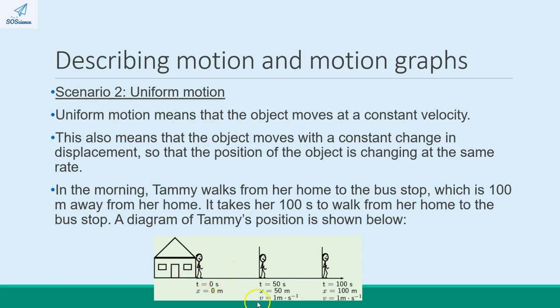So essentially what that means is that she's traveling at 1 meter per second, which means that after 1 second, she's covered 1 meter. After 2 seconds, she's covered 2 meters. After 3 seconds, she's covered 3 meters, etc. So you can see what it means when we say that the position of the object is changing at the same rate. It's changing by the same number of meters every second.